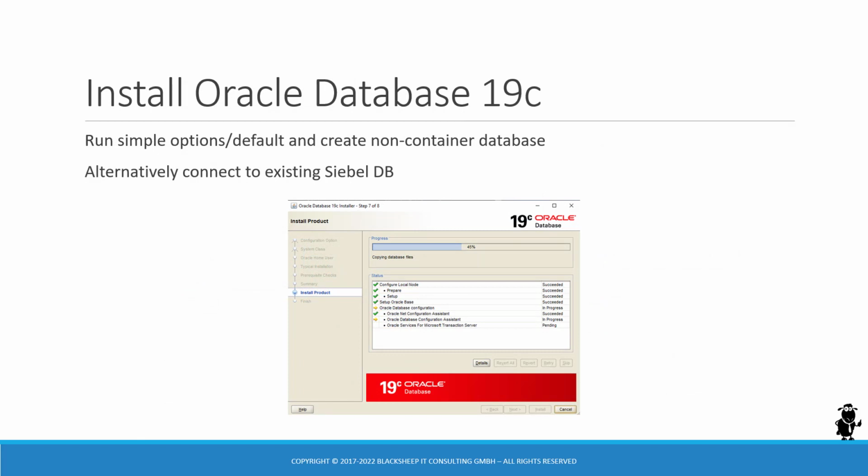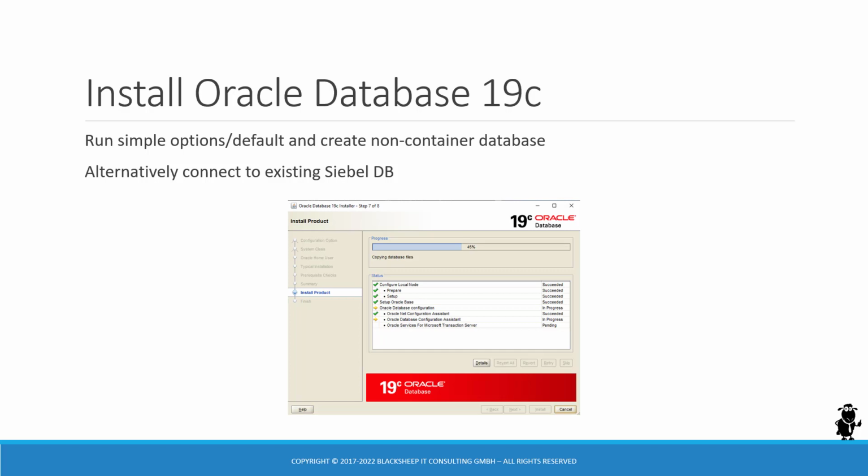If and only if you want to have, let's say, a separate database server in your sandbox or test environment, then you need, of course, to install the database management system.